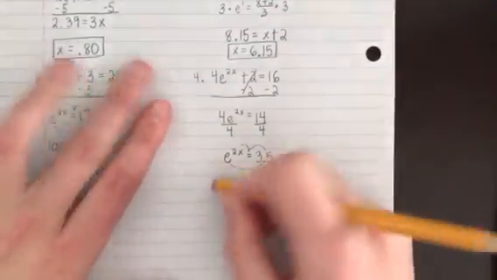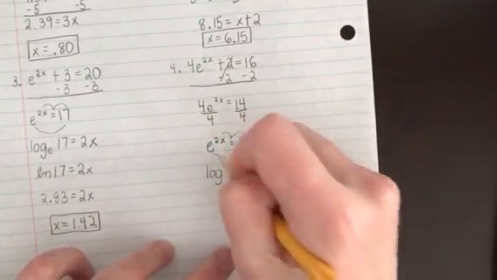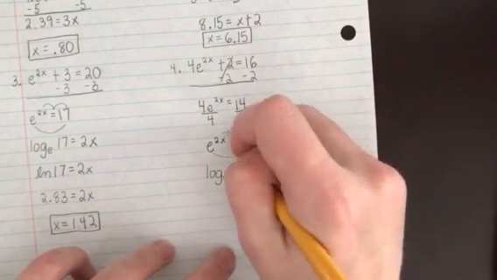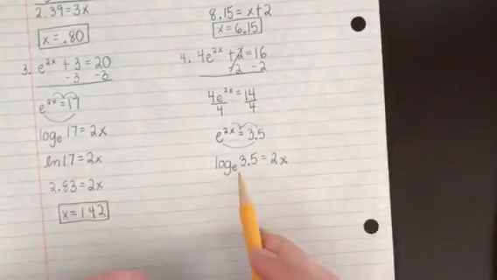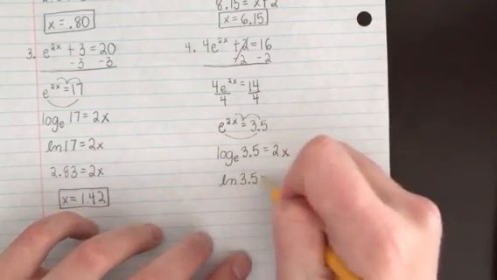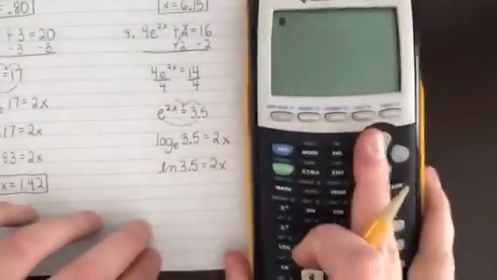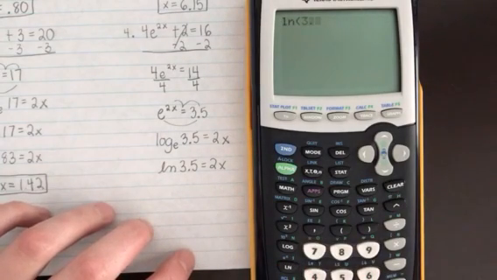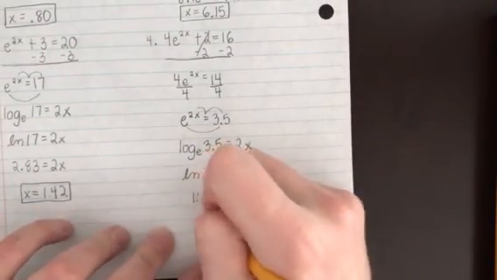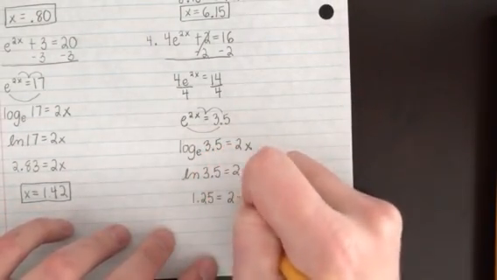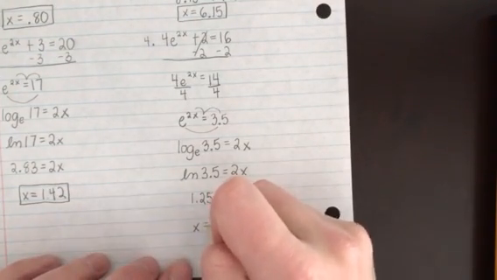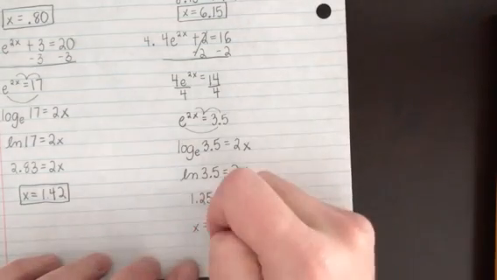Log base e of 3.5 equals 2x. You know log base e is natural log, so natural log 3.5 equals 2x. So over here in my calculator, natural log 3.5 is 1.25. So 1.25 equals 2x. Divide both sides by 2. You get x equals 0.63.